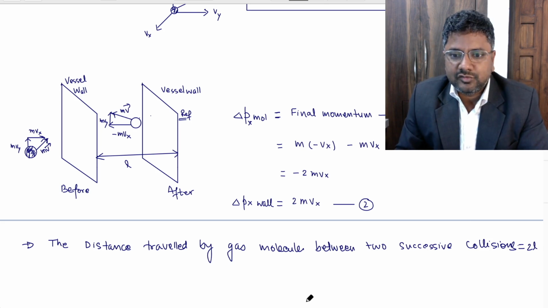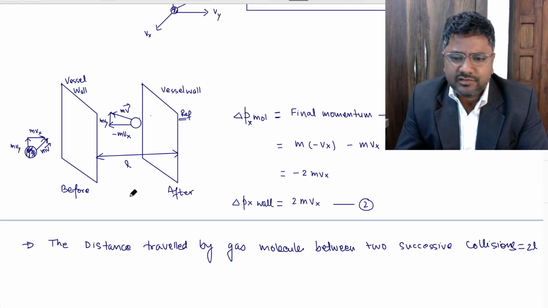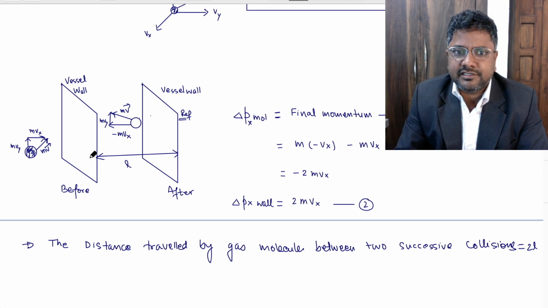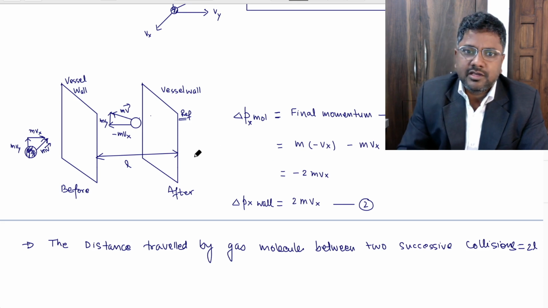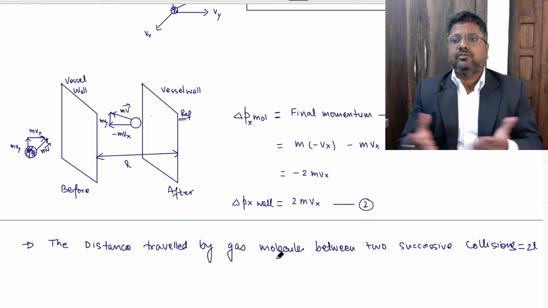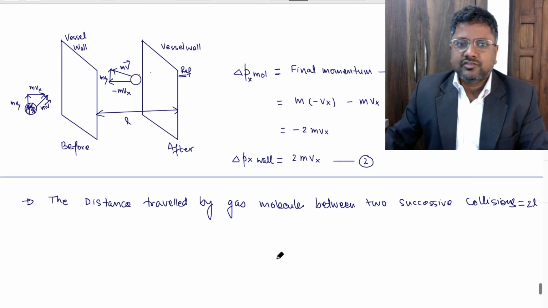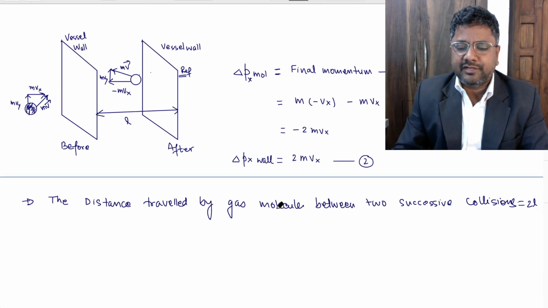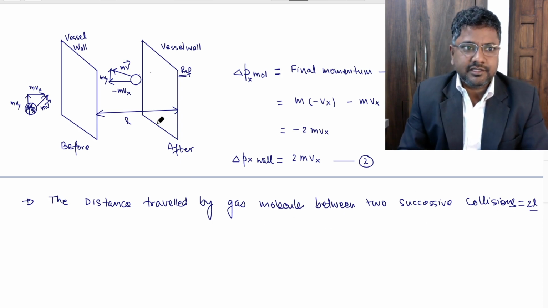It might be possible that it will collide with the side walls, or the upper and bottom walls, but that will not affect our X component distance. So Vx is unaffected. Vx will be affected only when it collides here and here, right? The collision is elastic, so there is no loss in energy. Obviously only the direction will change, right? So the distance traveled between two successive collisions by a single gas molecule is equal to 2L.